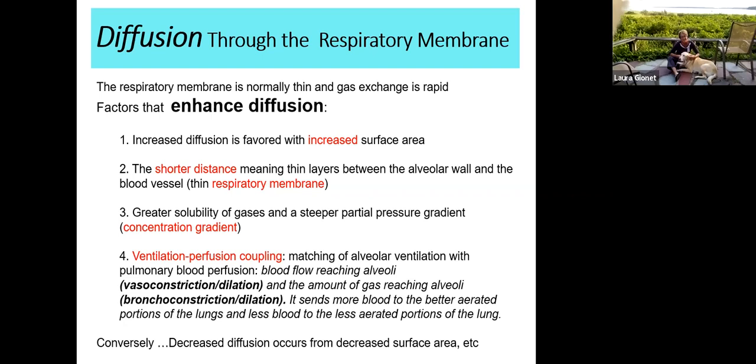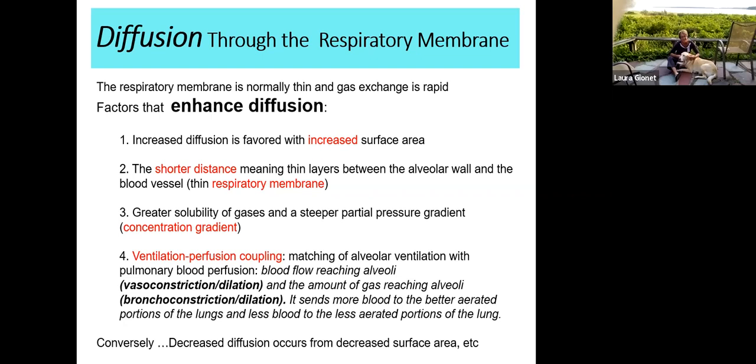Well, if we're not going to expand maximally those alveoli, then we don't need to bronchodilate there. And if we're not going to bronchodilate there and have a lot of air pass through there, then we don't need to vasoconstrict to that area either. So what we have a tendency to do is bronchodilate and vasodilate to the areas that will get the most air, and to a certain extent, bronchoconstrict and vasoconstrict to the areas that are not going to be fully expanded and have lots of air being exchanged through there.